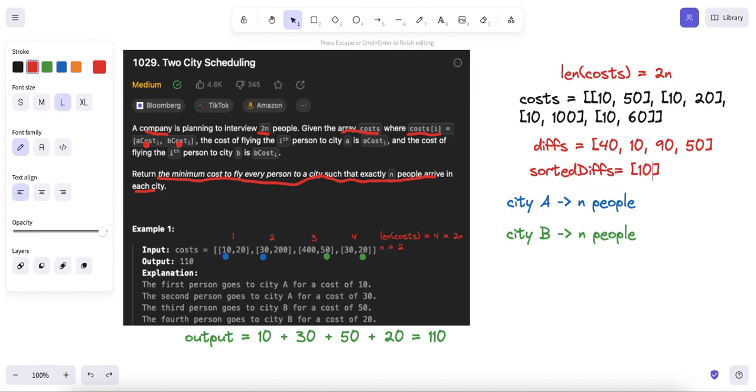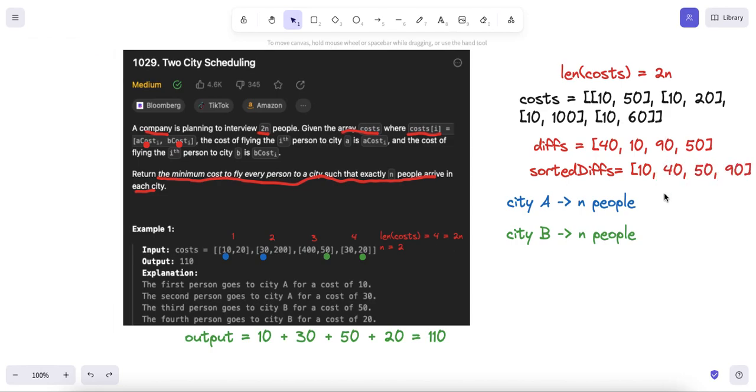Sorting this array, we would have 10, 40, 50, and 90.